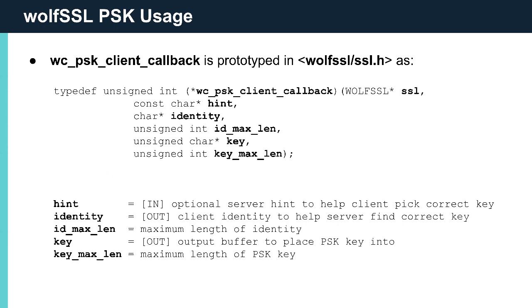The identity argument is actually an output argument, which can help the server find the correct key. ID max length is the maximum length of the identity that you can store into the identity array. Key is the output array where your client should write the PSK for wolfSSL to use. And key max len is the maximum length of that key buffer that you can write to. This callback should return the number of bytes in your key.